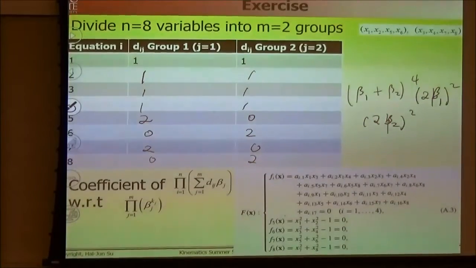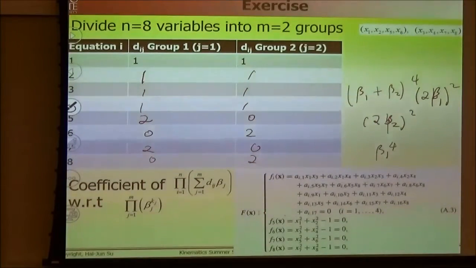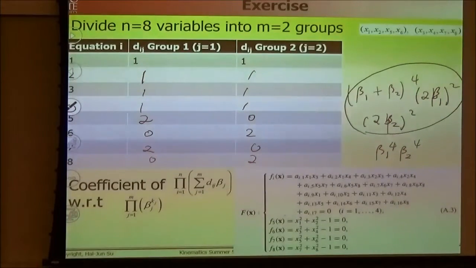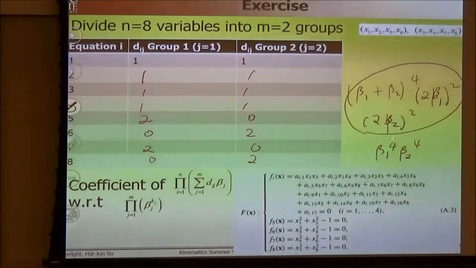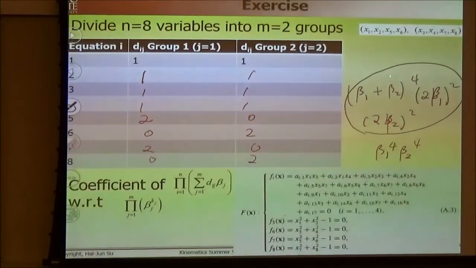So the coefficient of the term beta 1 to the fourth, beta 2 to the fourth, is going to be, this is a polynomial, so finding the coefficient of this term. The reason I take 4 is because I have 4 variables in this group.